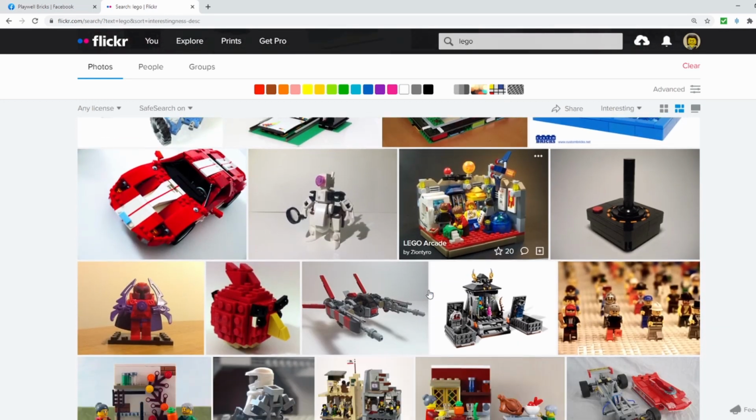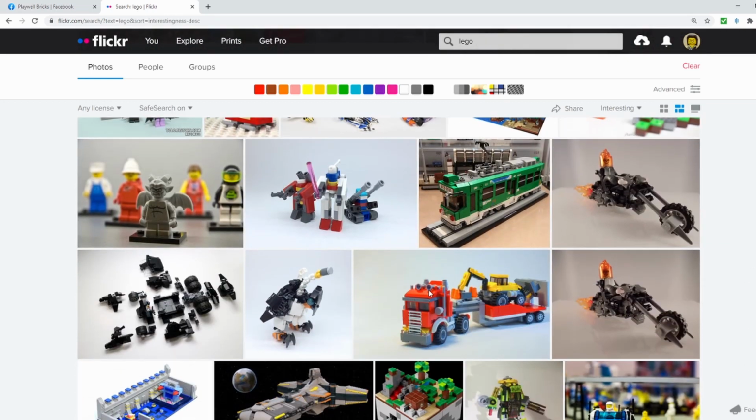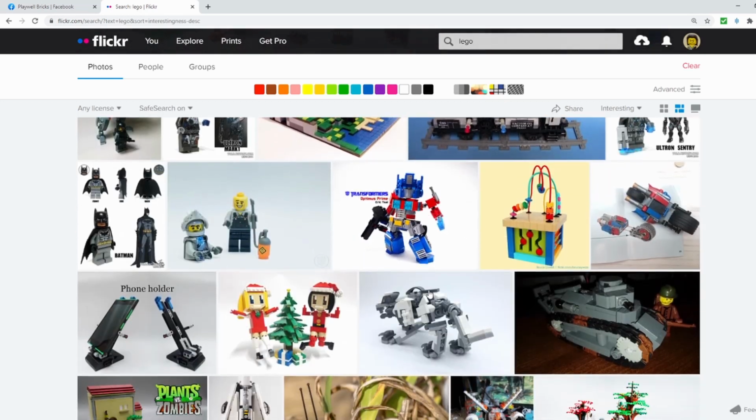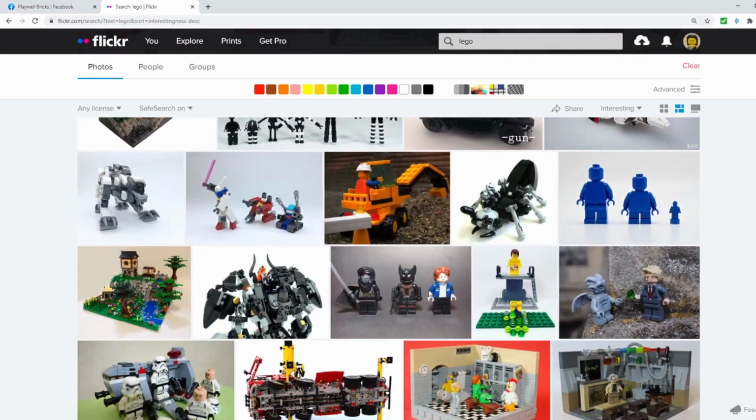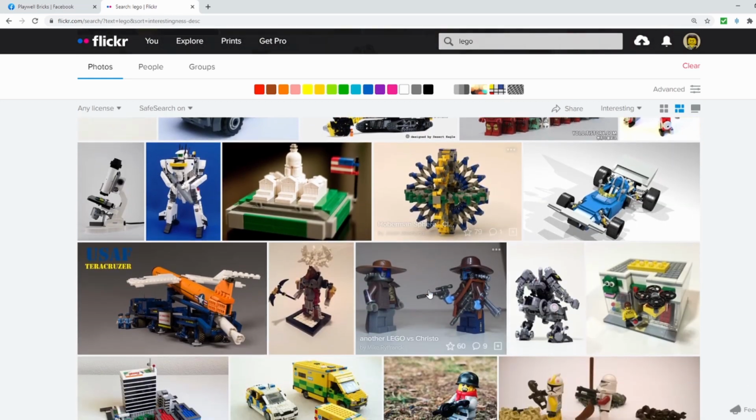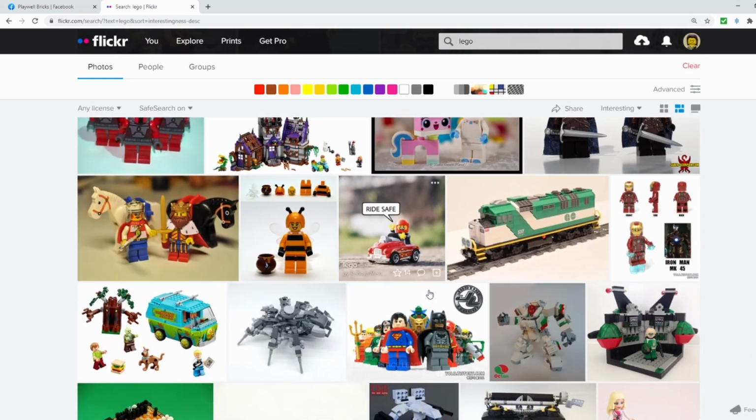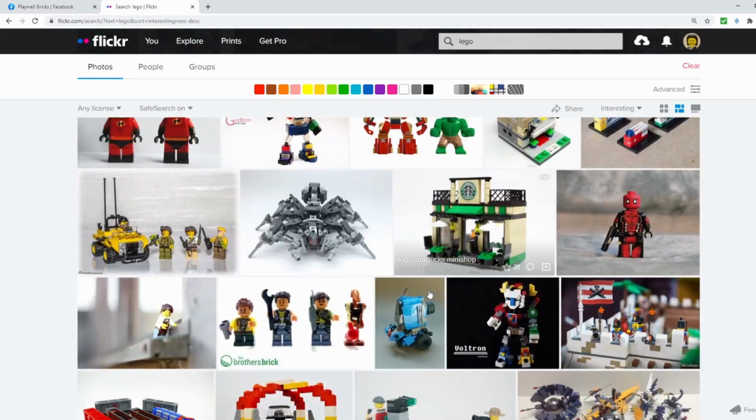Also, when you're looking at these builds and all these amazing techniques that people use and how they use bricks to get things looking just so, it seems to be quite overwhelming, and maybe you don't even know where to begin.